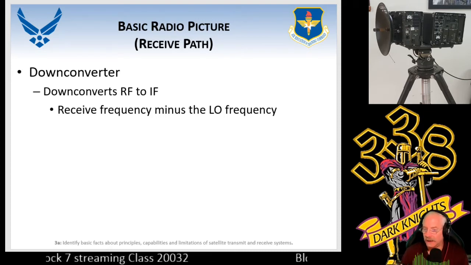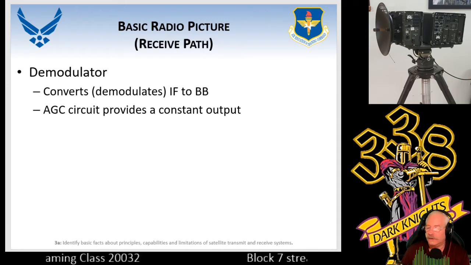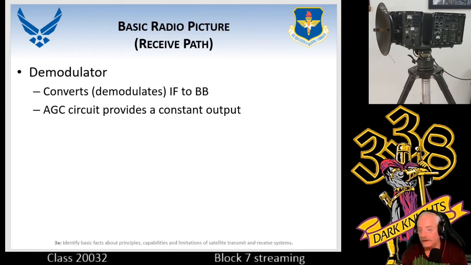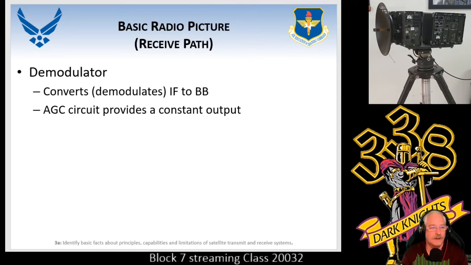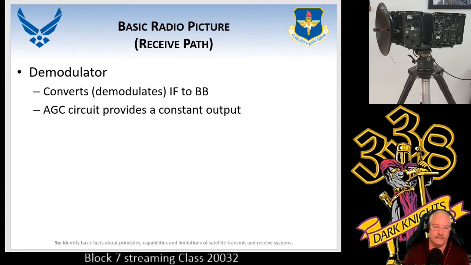Again, you're going to need a local oscillator in order to get that signal down. Then we're going to go into something called a demodulator. Just like the first stage in transmit, where we modulate it, now we're going to demodulate it, which is the last stage in receive. You'll notice that last sentence there, it says the AGC circuit is going to provide us a constant output. We'll get into that in just a few.